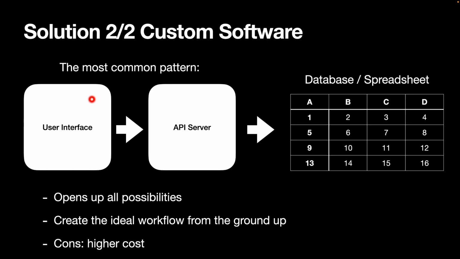You capture that via the user interface, and then you send it on over to the database. Now, like I said, this is only the most common pattern, but your situation could be completely different, and we would have to look at it on a case-by-case basis, but we'll walk through a specific example here in just a moment. The overarching idea here is we're going to revisit this workflow from the ground up. Only downside really is it's going to have a higher cost.